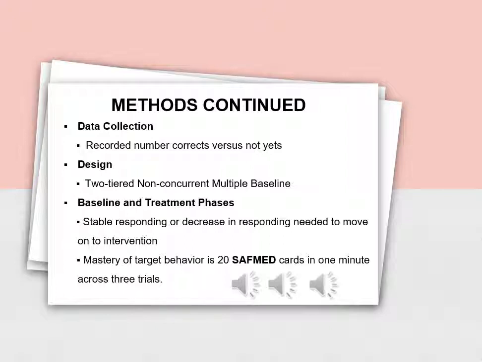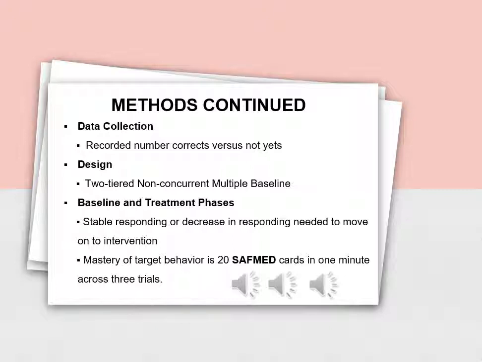Regarding design, while the original study utilized precision teaching and graphed data using a standard acceleration chart, the replication study differed by employing a two-tiered, non-concurrent multiple baseline design across participants.